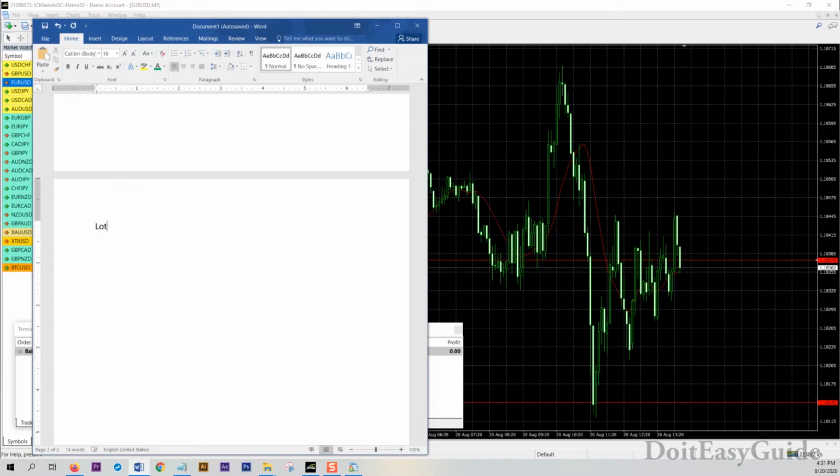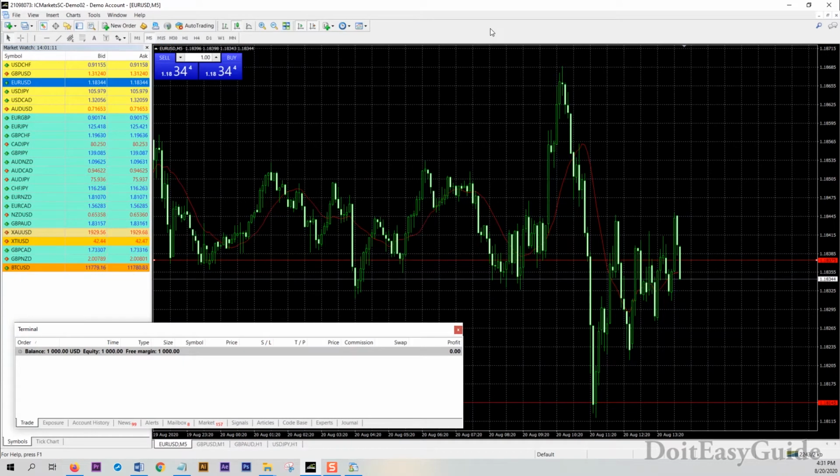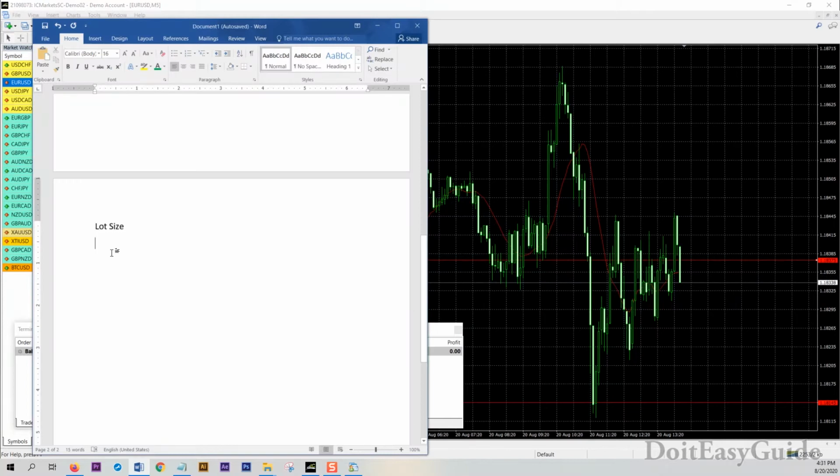Lot size. Now the smallest lot size you can place is 0.01.